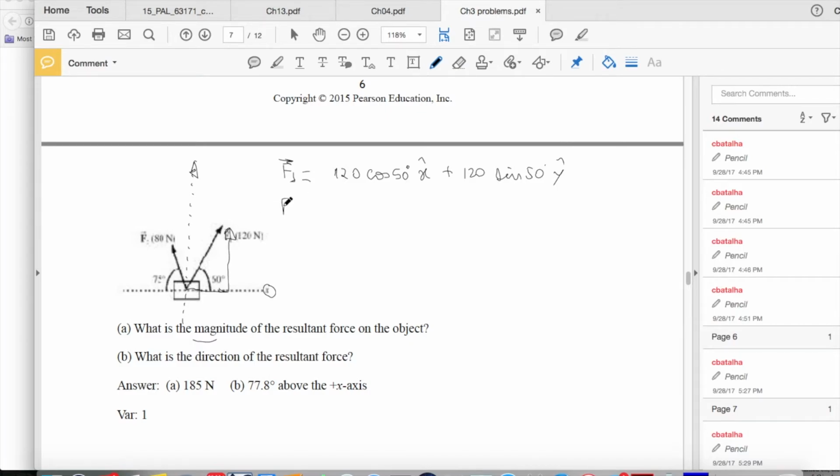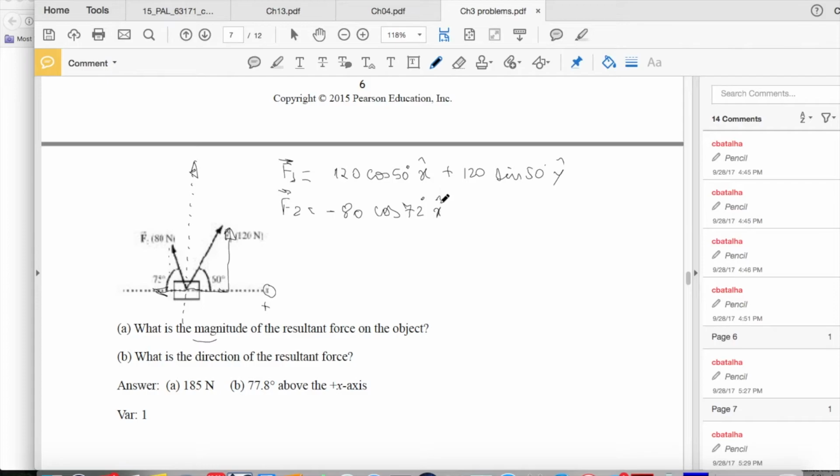And how about F2? What is the rise of F2? Considering the x direction as positive to the right, the F2 projection, the run, is to the left, so it is negative 80 cosine of that angle, I can barely read it, I think it's 72, whatever.